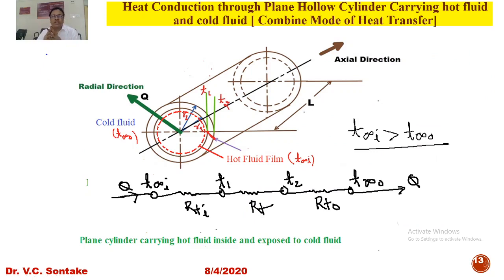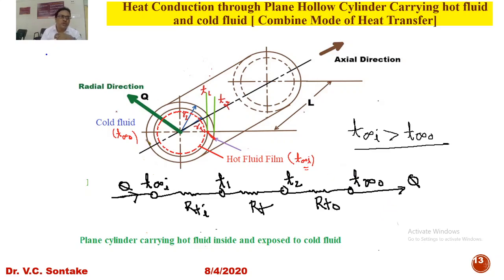Now let us discuss another important topic: heat conduction through plain hollow cylinder carrying hot fluid inside and exposed to the cold fluid outside. We can also refer to this topic as combined mode of heat transfer through the hollow cylinder. Let us consider this diagram where this hollow cylinder is carrying one hot fluid at the inside, having its temperature T infinity suffix i.